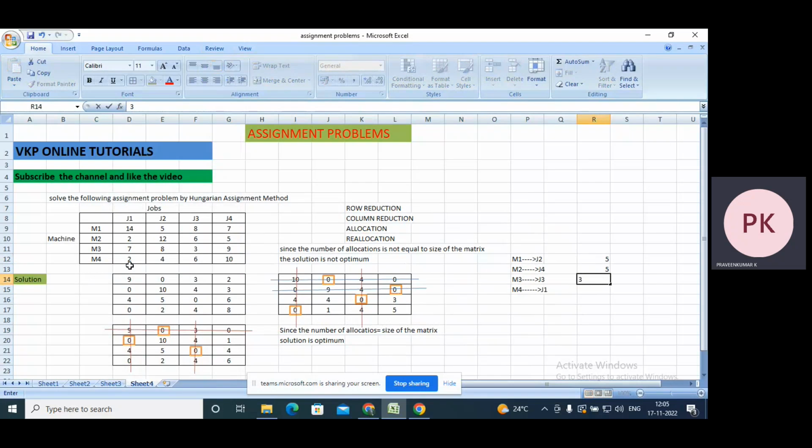Then M4 and J1 is 2 rupees. So my total cost, the optimum cost, is, just add this: 10, 13, 14 and 15. 15 rupees will be the optimum cost for the given cost matrix.